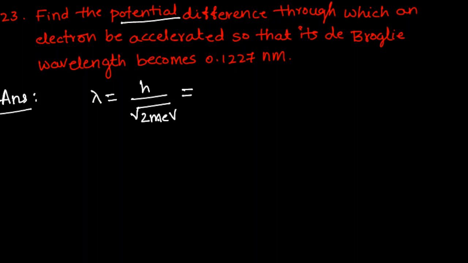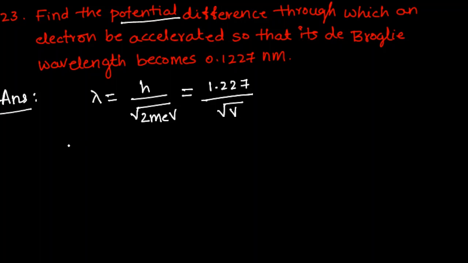If we substitute all these values and simplify, we get 1.227 divided by square root of V. You remember this directly, okay? It will help you for faster calculation.